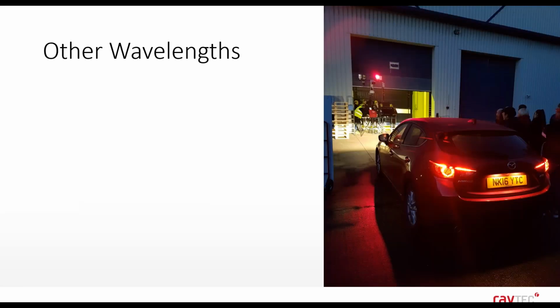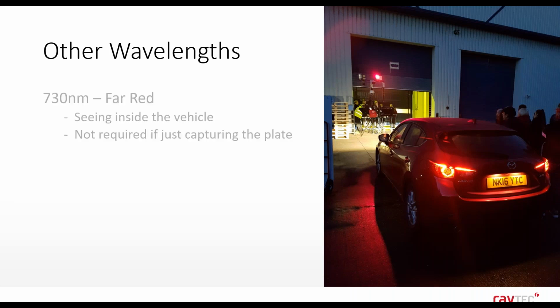There are other wavelengths of light available too. At Raytech, we've experimented and tested quite a few over the years. On the right is an image you can see of us doing that with some 730nm light, also referred to as far red. That's perhaps the most common other type of light used in transport applications, but generally this would be used specifically for seeing inside the windscreen.